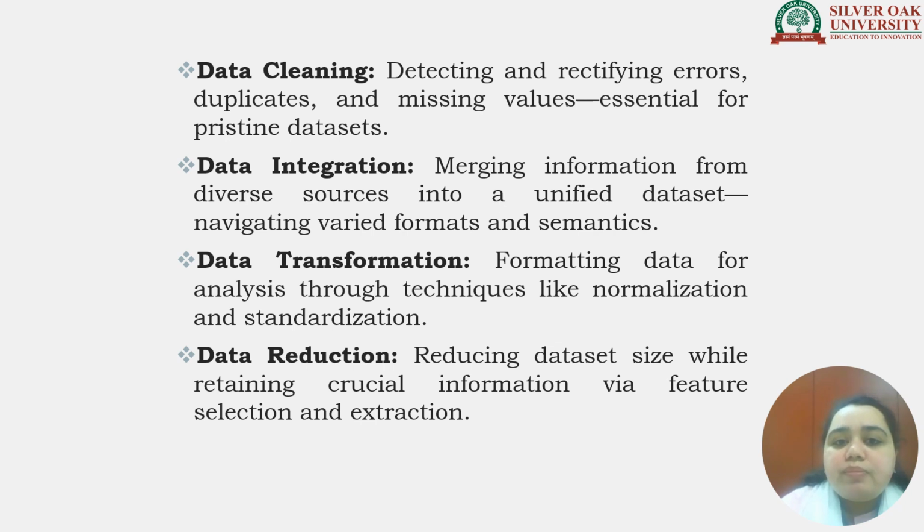Data integration means merging information from diverse sources into a unified data set, navigating varied formats and semantics. If we have collected data from 3 to 4 websites, we are going to merge all that data into one particular image or one particular text. That is known as data integration.